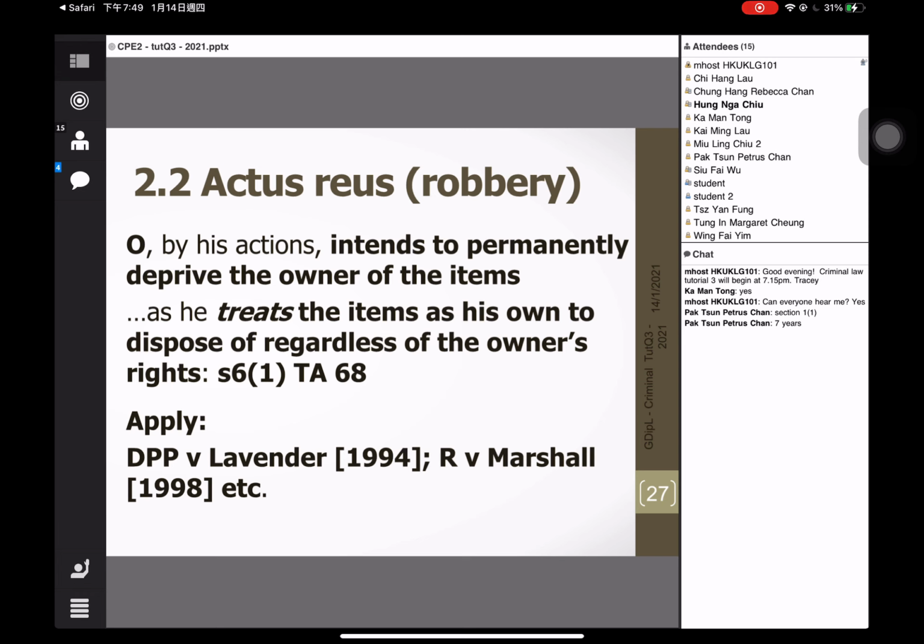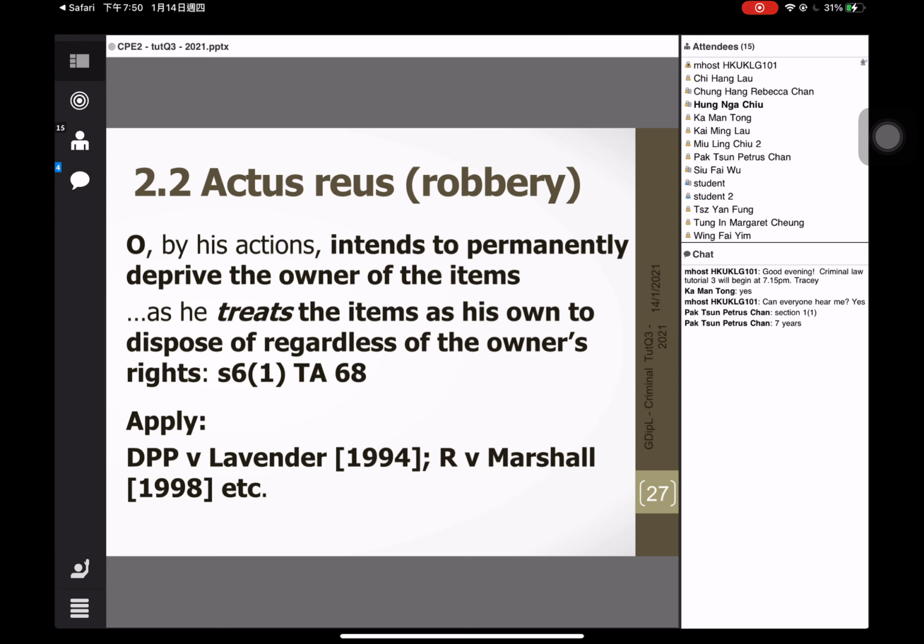But it was held in this case that Lavender had treated the doors, the items, as his own to dispose of, regardless of the owner's rights. This was quite a broad brush approach, treating any sort of dealing with the property, not strictly speaking getting rid of the property, and that seemed to be accepted.